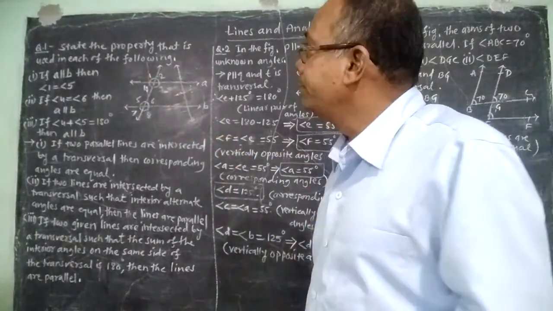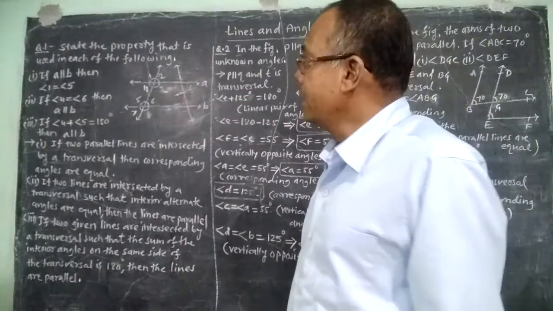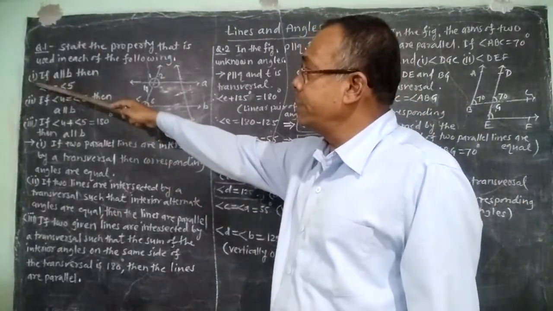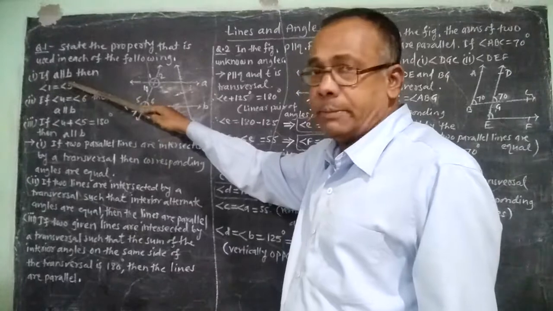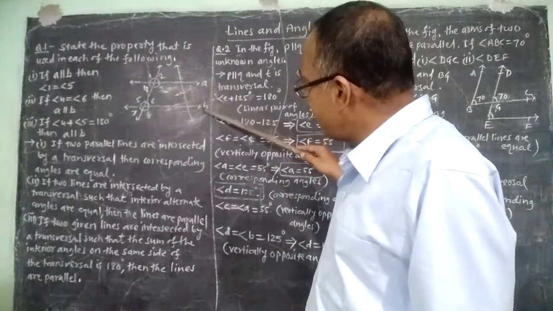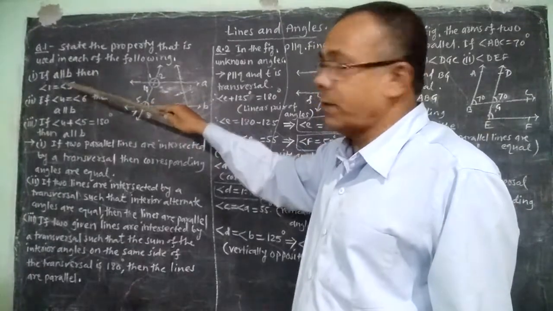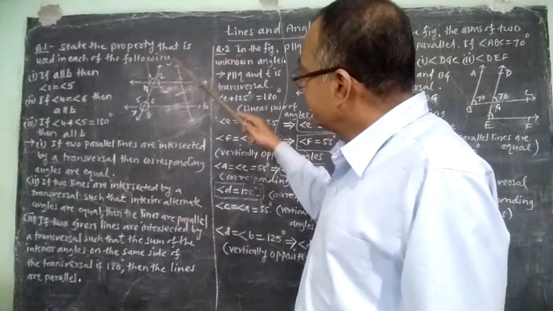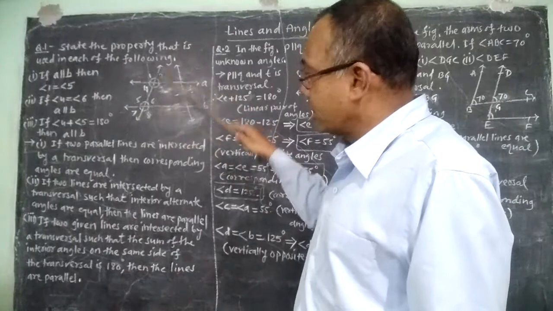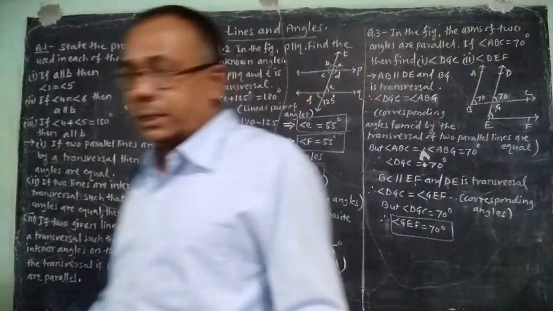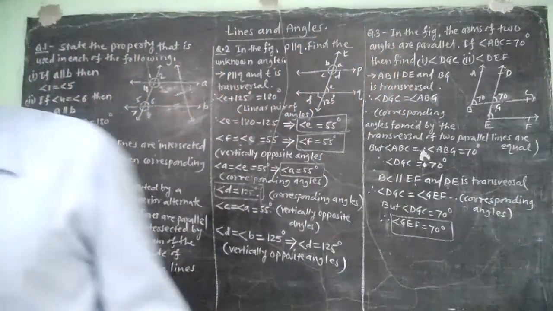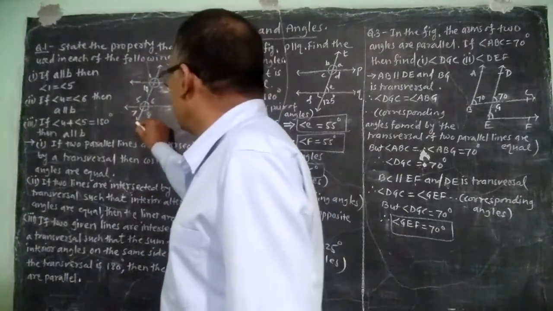Here we have to apply the property. In the first question, it is given that if A parallel B, means line A parallel line B, then angle 1 equal to angle 5. Here T is the transversal of the two lines.